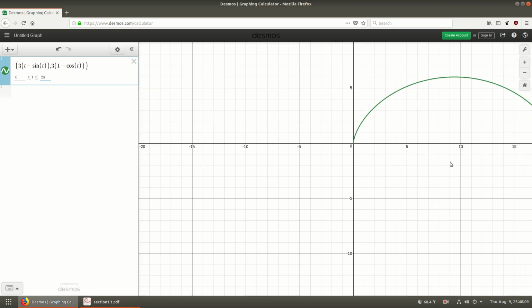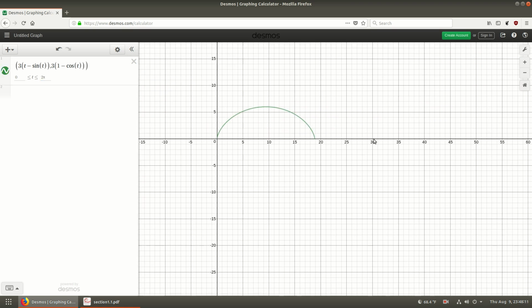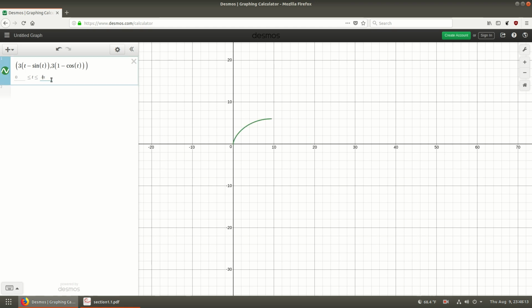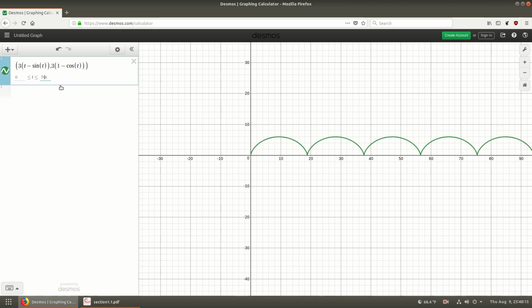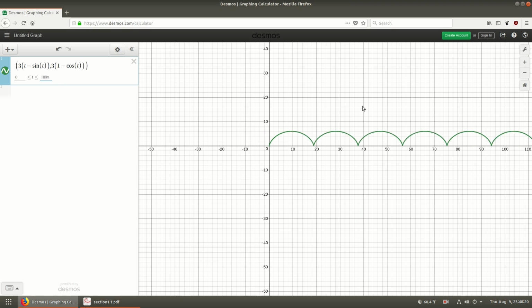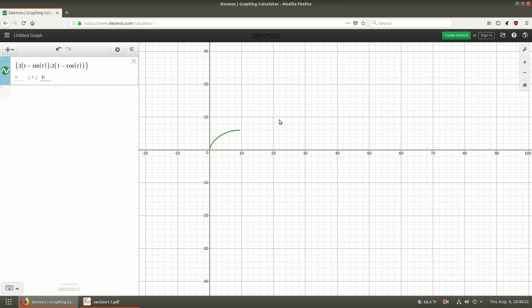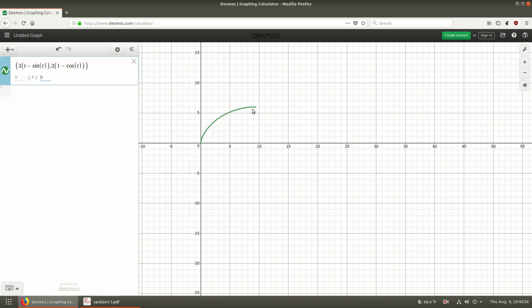So if I do that, I get one hump of this cycloid. Now if I go a little further, I'll get 2, 3, a bunch, and it just goes. Now if I stop at just 1 pi, I get halfway, but the domain tells me exactly how much of the curve I want.